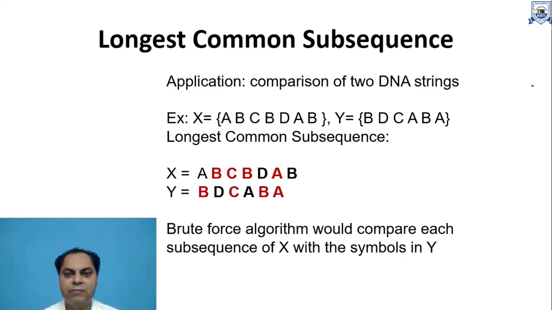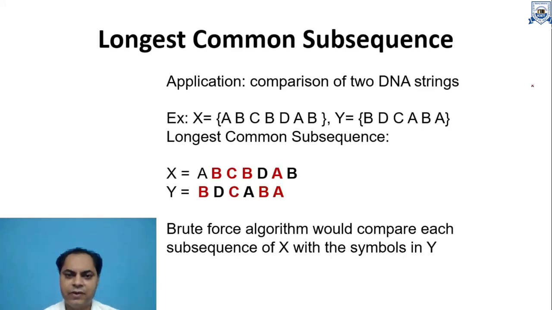But to establish a close relationship between two human beings, we have to find out the DNA common subsequence, and if the length of the common subsequence between two DNA crosses the threshold value, then we can establish that those two human beings are related to each other. That means there is a biological relationship between them.